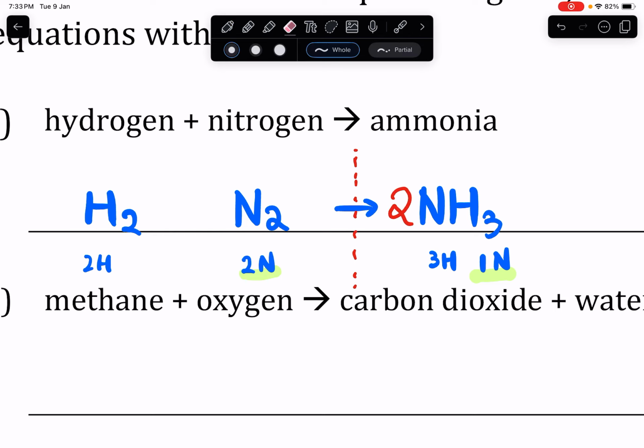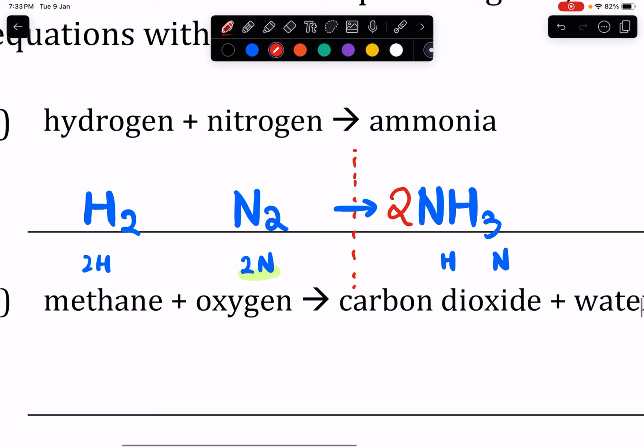In doing so, I would change this number to 6 hydrogen and 2 nitrogen. So you can see that nitrogen is balanced. Then I look at 6 hydrogen and 2 hydrogen. What's their lowest common multiple? That's right, it's 6. How to get 6?